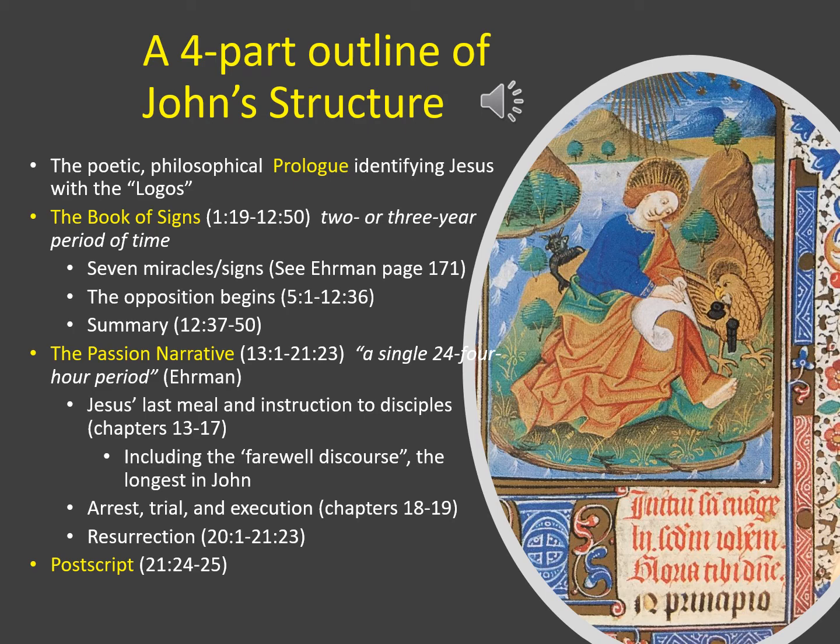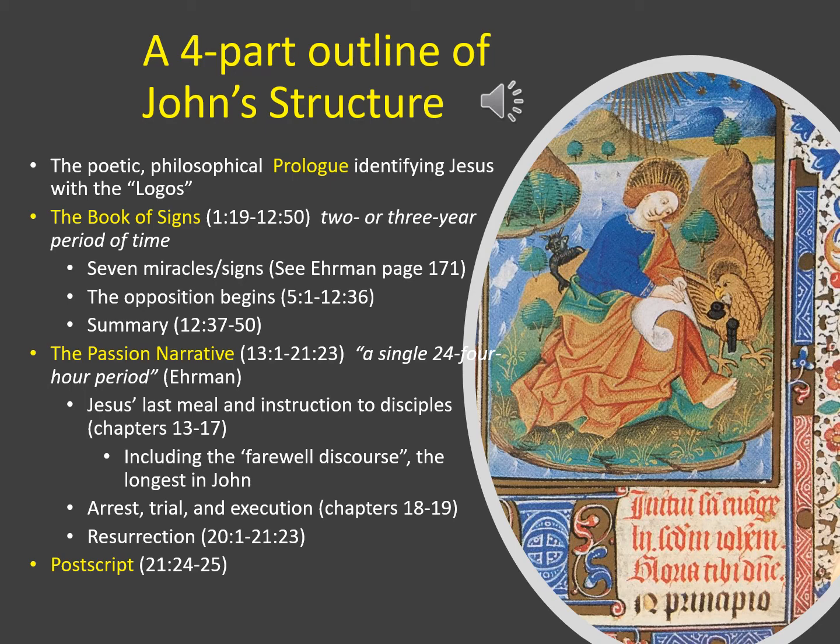And then we move into what source critics call the Book of Signs. So from chapter 1:19 until around the end of chapter 12, it covers a period of 2 or 3 years of time in Jesus' life, and it has these 7 miracles, these 7 signs.